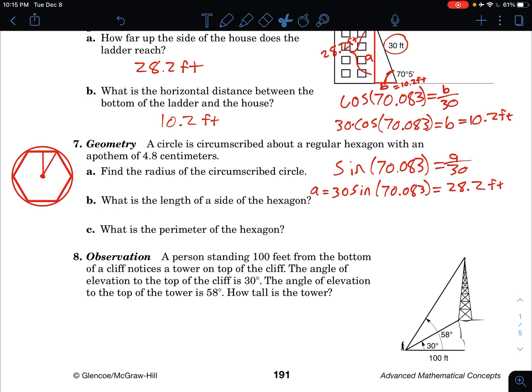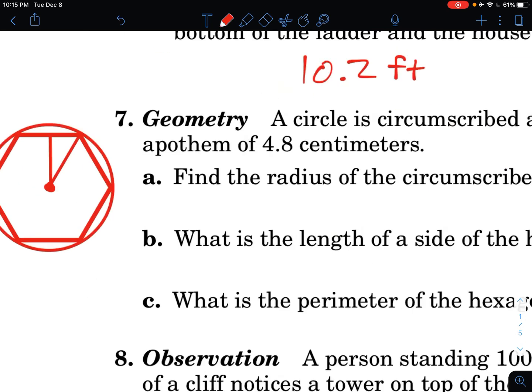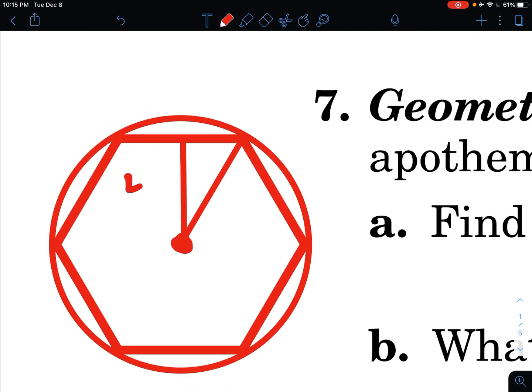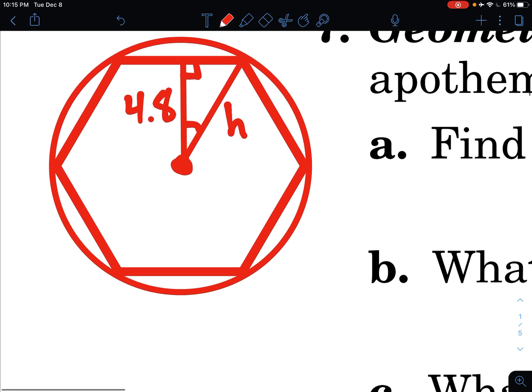We can find out what that radius is by using the apothem, because we know that the apothem is 4.8. We know that this right here is 4.8. We do know this is a right angle because the apothem makes a perpendicular. So we're trying to find the hypotenuse, which is also the radius.